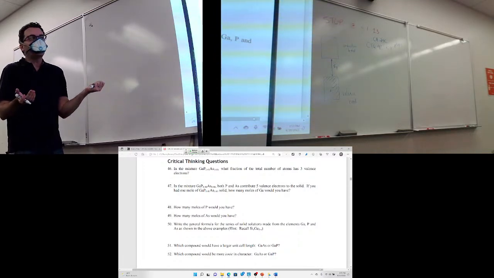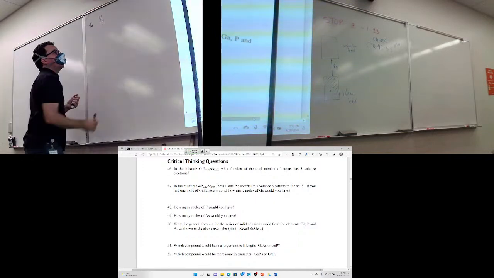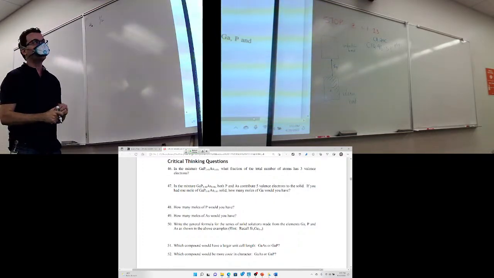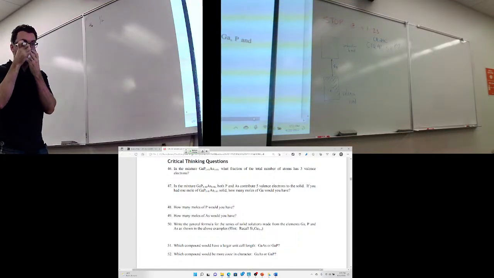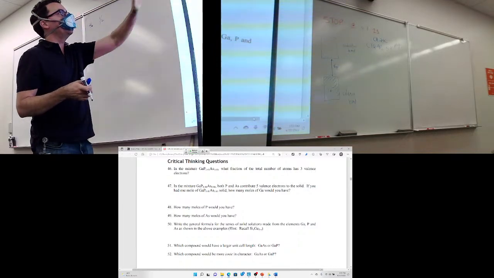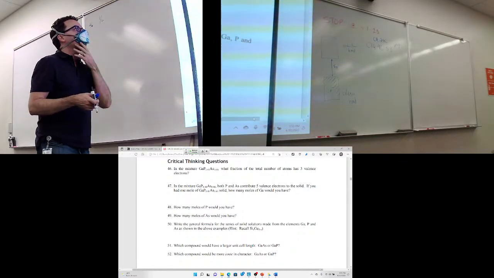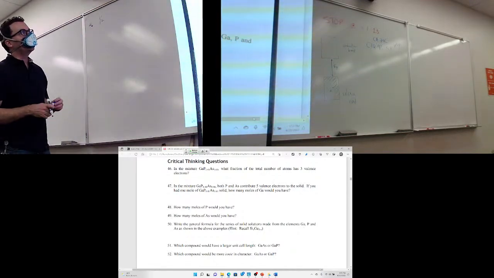Gallium has 3 valence electrons. So 1 out of 2. Half of the atoms in that formula have 3 valence electrons. The other half have 5 valence electrons. Now that half is split up between phosphorus and arsenic, but they represent half of the total atoms in that formula. So both phosphorus and arsenic contribute 5 valence electrons.